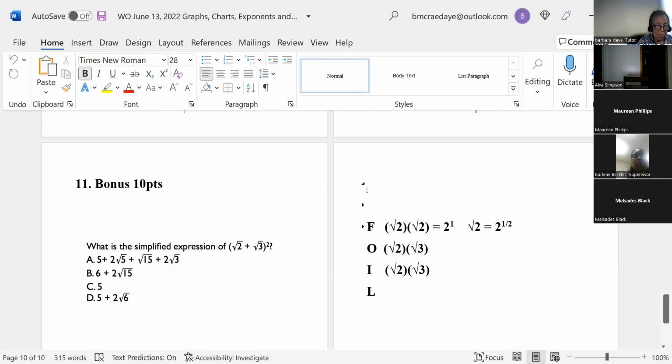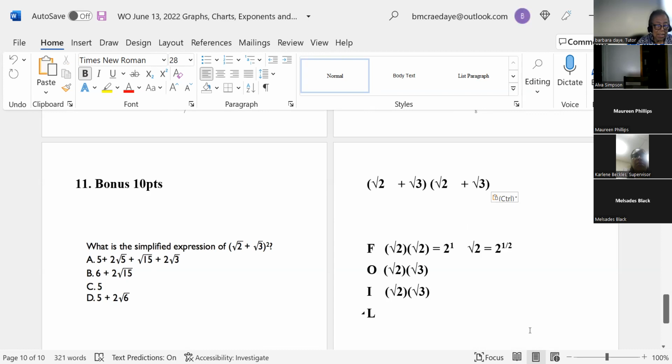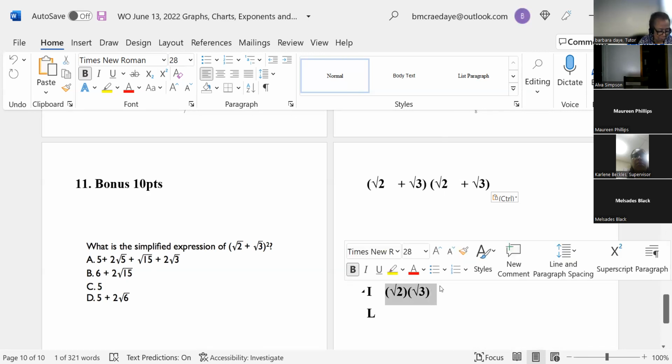So what are the last terms? Look here at this expression. The last terms: square root of 3 and square root of 3. Those are the last terms, right? Yes. So let's copy this and put the square root of 3.